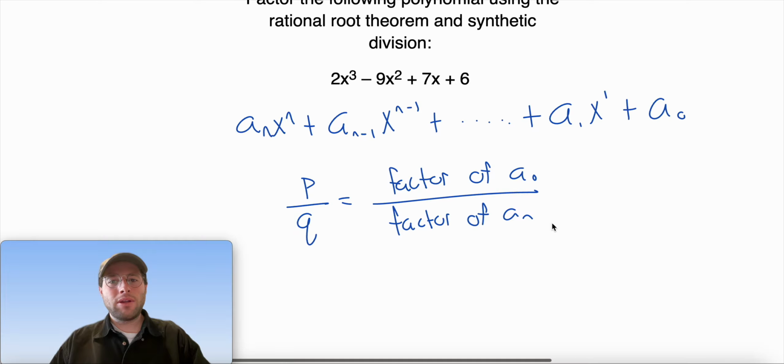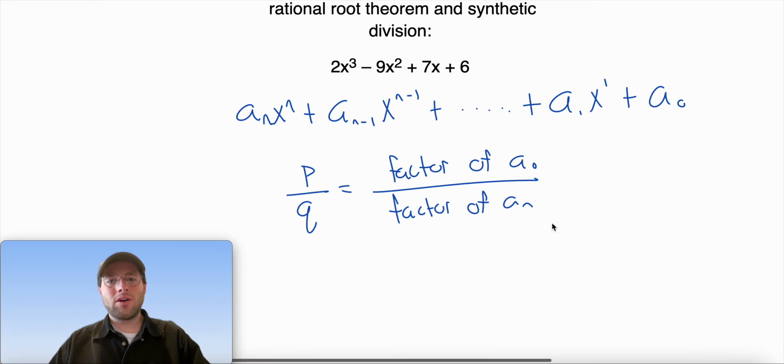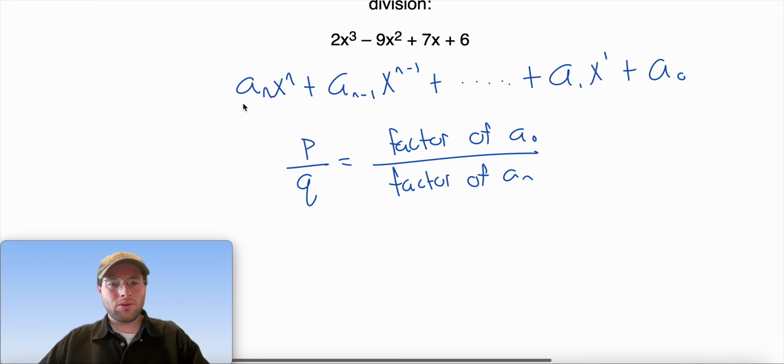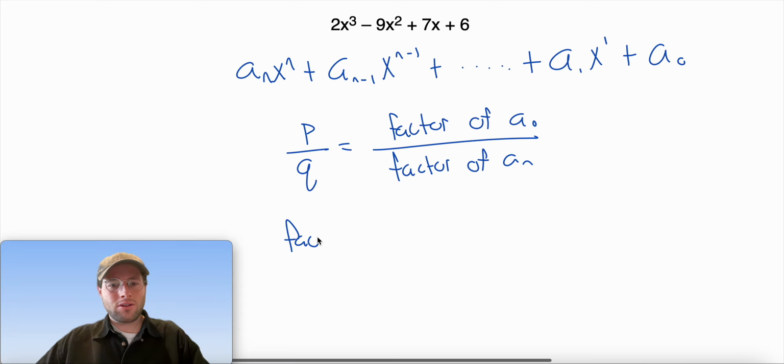In our polynomial, a_0 is 6 and a_n is 2. So let's list out the factors for each of those. Factors of 6: one thing to keep in mind is that although typically when listing the factors of a number we only include the positive factors, factors can also be negative, as a factor is any number that evenly divides the number we're trying to factor.